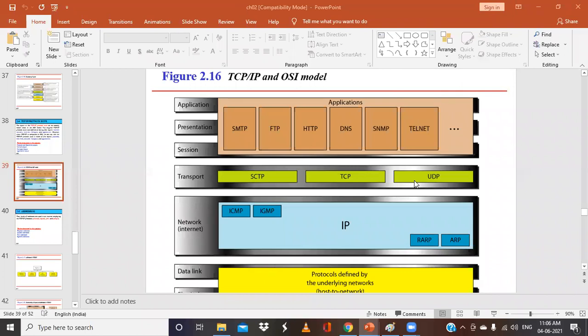I think you have studied the checksum. When the data is transferred, the total value of that data is added, and we check whether we have received the same data or not. So checksum will be done, and then the error control and the length information of that particular data will be taken care of by the UDP protocol.